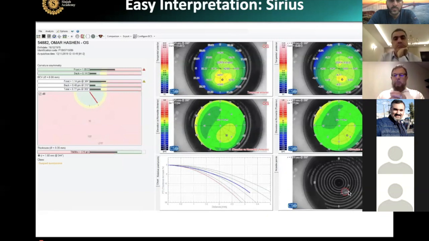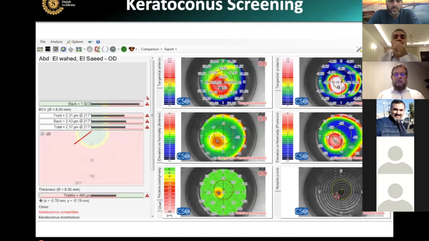So the circle will be very narrow when there is a keratoconus suspect or a keratoconus, such as in this case, as you see here. So this red circle is a good indicator of whether you are looking at a normal cornea or not. However, there are some cases that are in between, so you just have to have an idea by doing this.